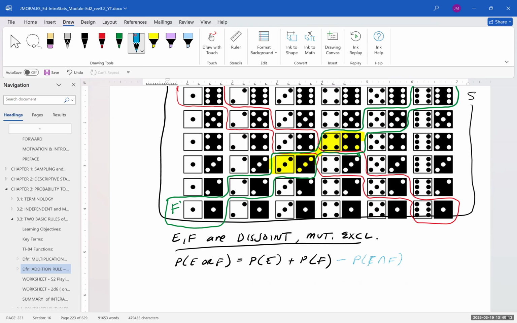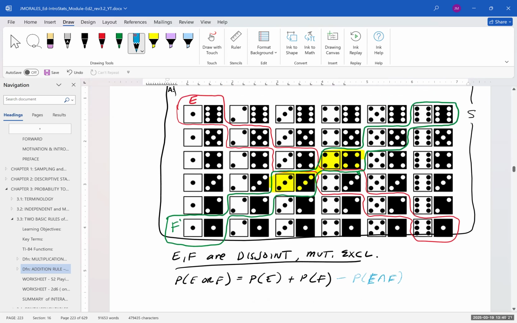If we wrote this down right off the bat and needed to think about it, we look here in our Venn diagram and see there's nothing in their intersection. The intersection is 0. That's going to take that part of it and get rid of it. And now we're back to what we should use.